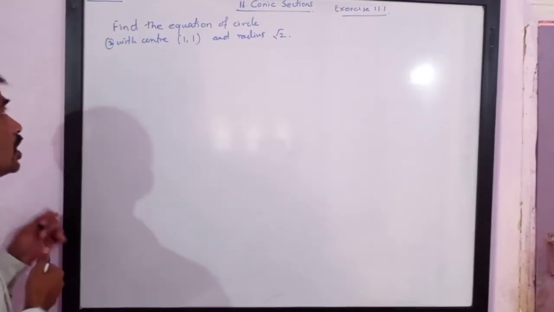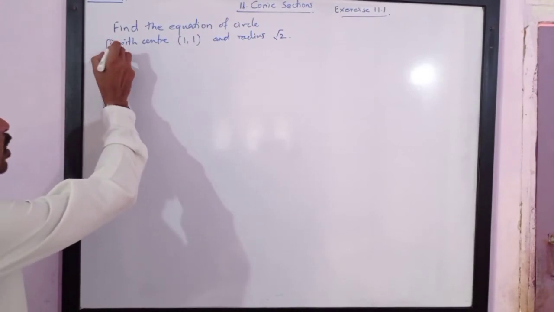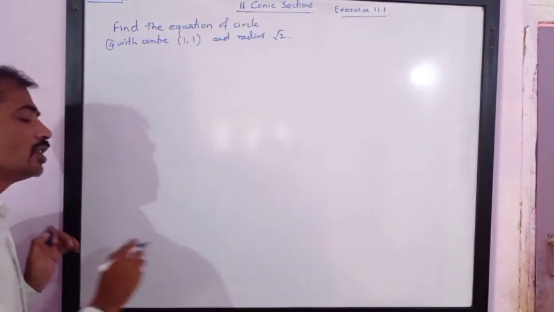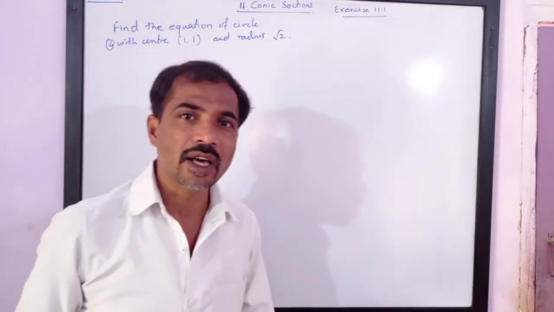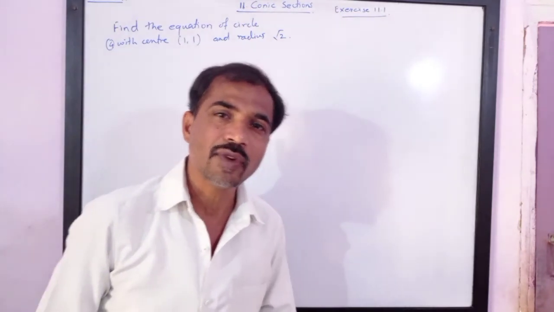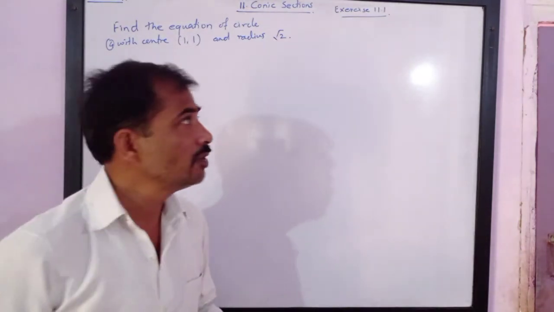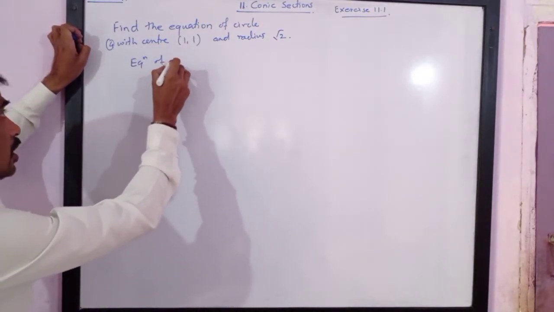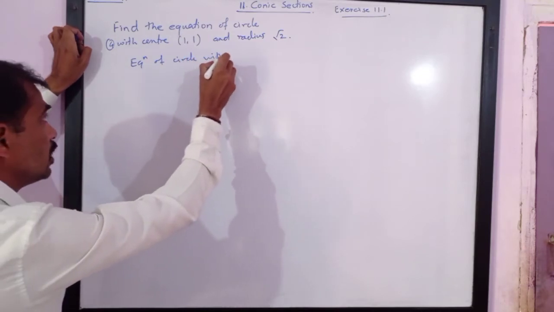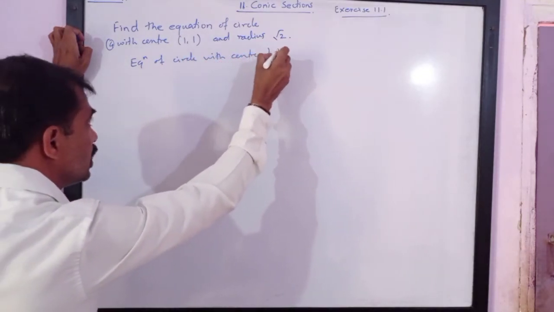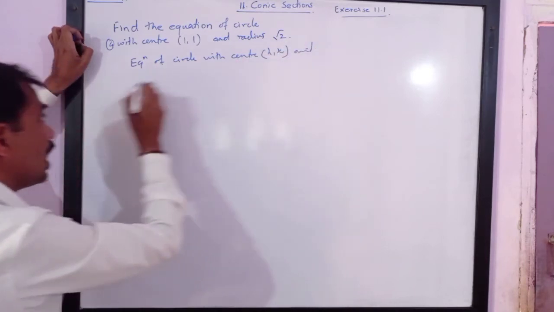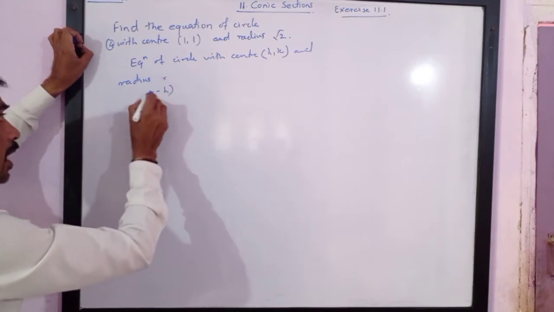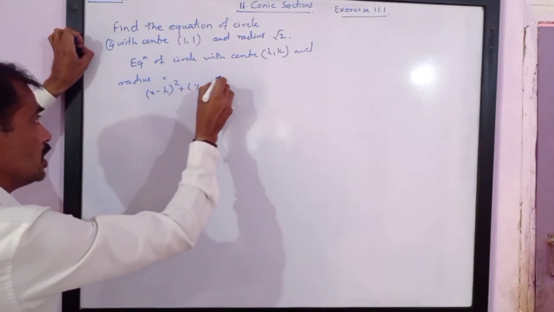Dear friends, now the next question, fourth question: we have to find the equation of circle with center 1, 1 and radius root 2. Now for this, we know the equation of circle with center h, k and radius r can be written as x minus h bracket square plus y minus k bracket square is equal to r square.